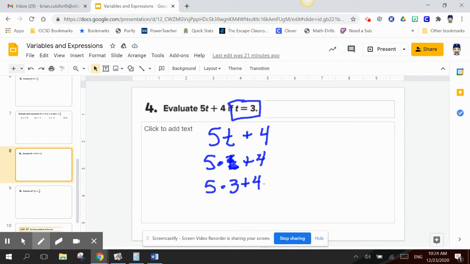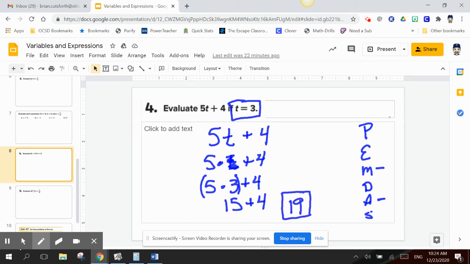Then I think back to my lesson 2. We talked about order of operations, PEMDAS. And I know that I have multiply and add, that multiplication is before addition. So I do my multiplication first. 5 times 3 is 15. And then I add the 4. 15 plus 4 is 19. This is why we always want to remember our order of operations. Always keep those handy.